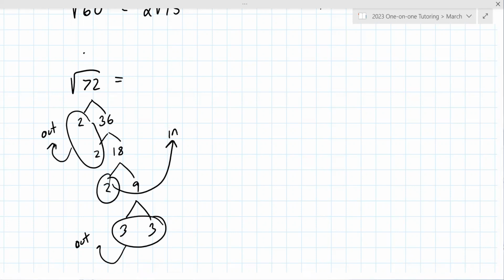Okay, so it would be 6 square root of 2. Yes.